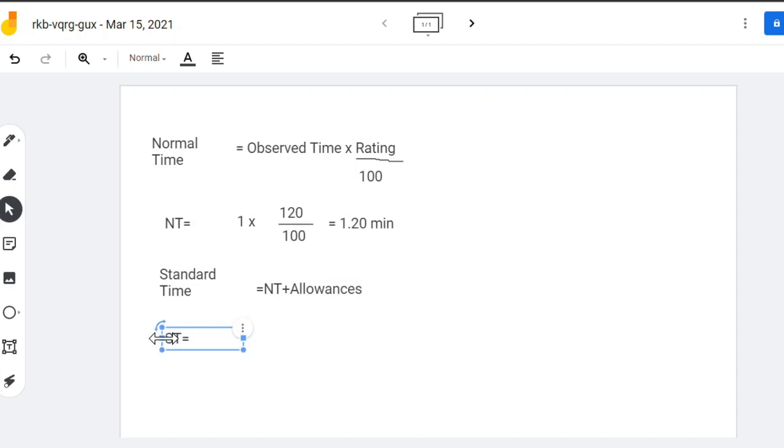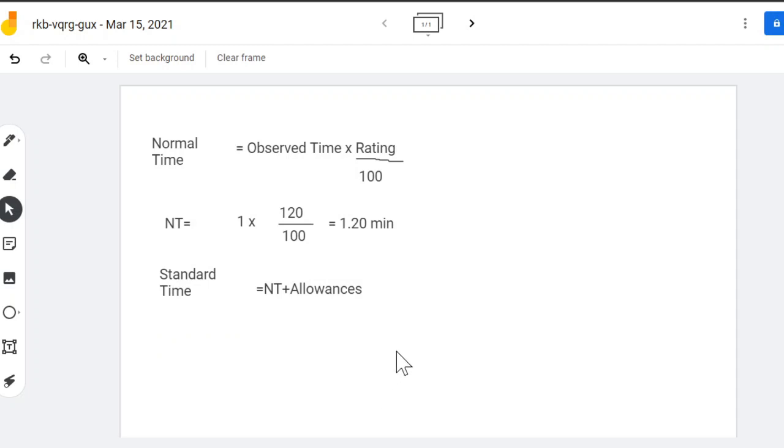So, standard time is equal to our normal time, 1.20, plus the 10% allowance.